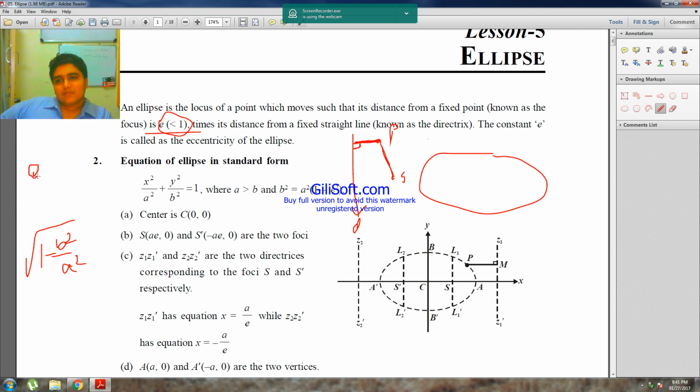And what is the eccentricity of a circle? We've already studied this. The eccentricity of a pair of straight lines is infinity. The eccentricity of a circle equals 0. Sorry, it's not 0, it's 1. And the eccentricity of a parabola is less than 1.